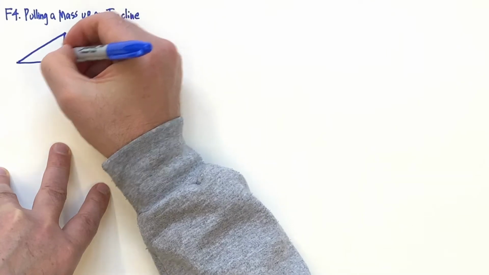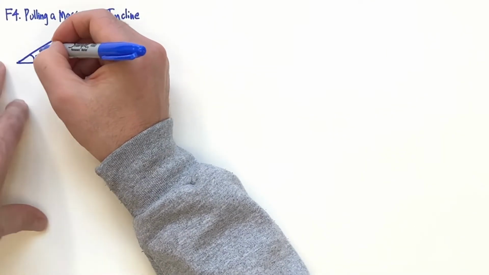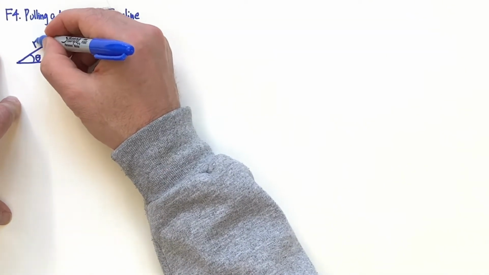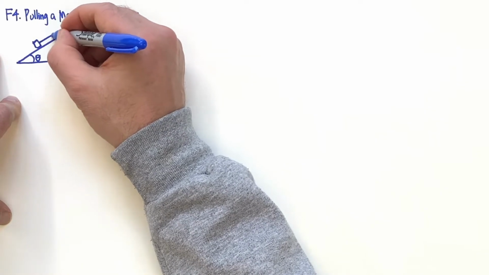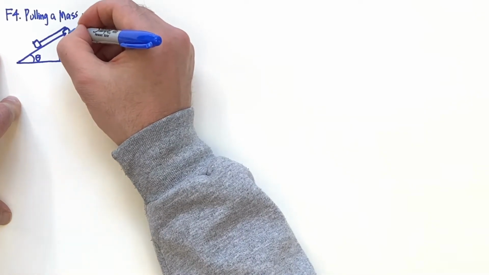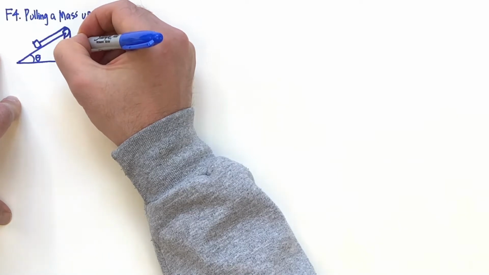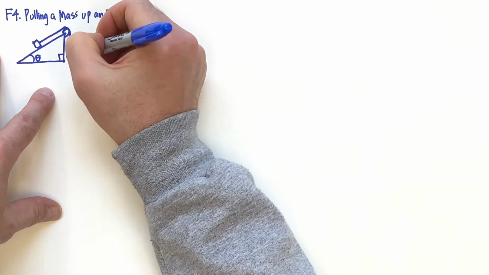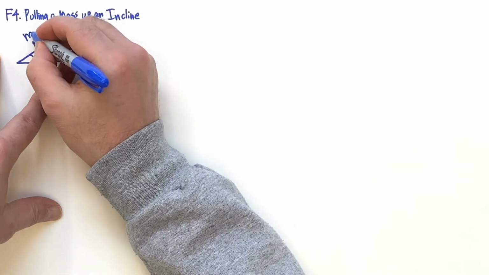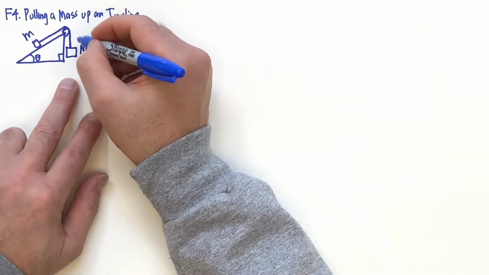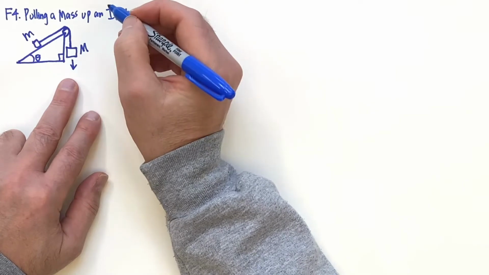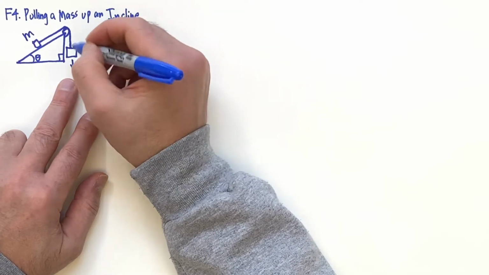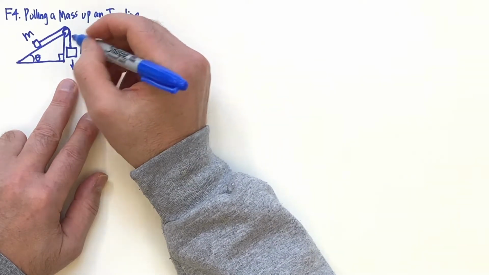Okay, so here we have the incline. Have a mass here going up to a pulley. And let's call this one big M and this one little m, where the big M is going to win out, and we're going to be coming down here, pulling this little one up.